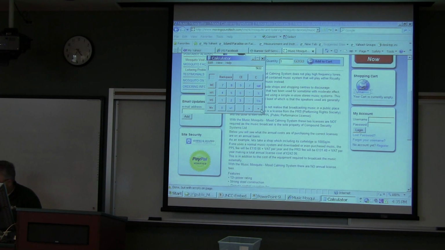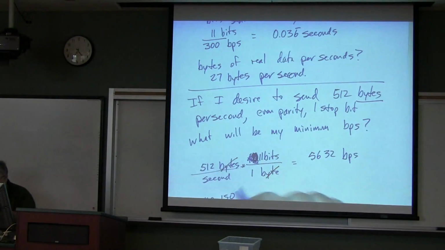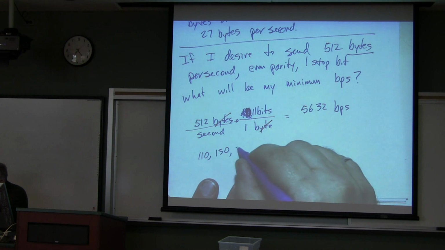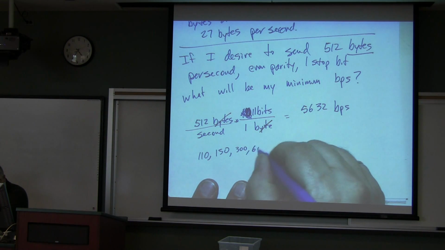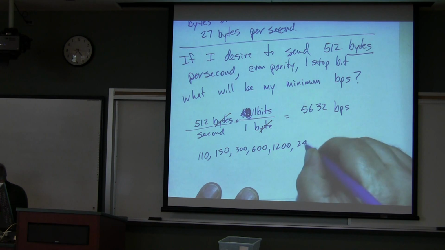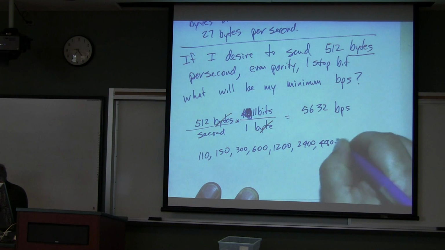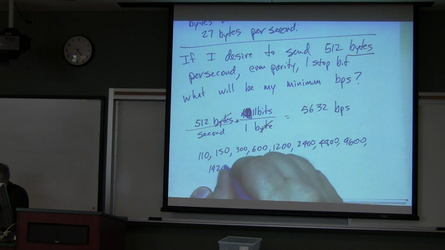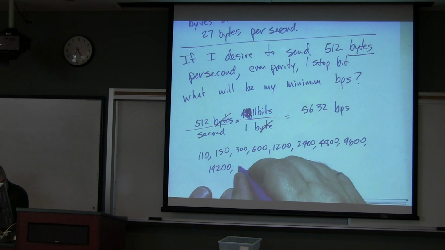As it turns out, with our bit rate generator, we can communicate at 110, 150, 300, 600, 1200, 2400, 4800, 9600, 19200. You notice the pattern here?